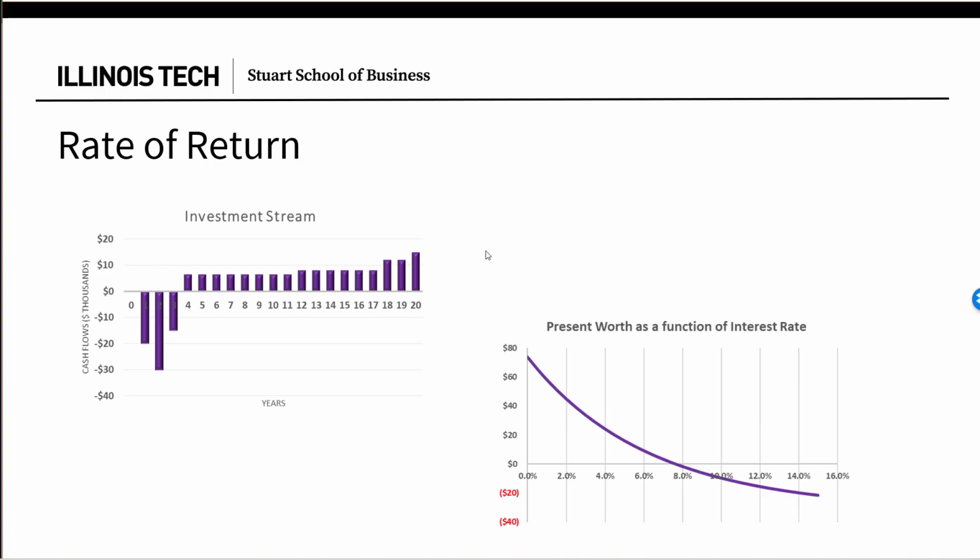And if we were to plot the net present value as a function of the interest rate, what we would find if you just have this one switch from negative to positive is that there is a unique IRR, a unique interest rate that makes the NPV equal to 0. And so we can use this information to help us decide whether a project is viable or not.